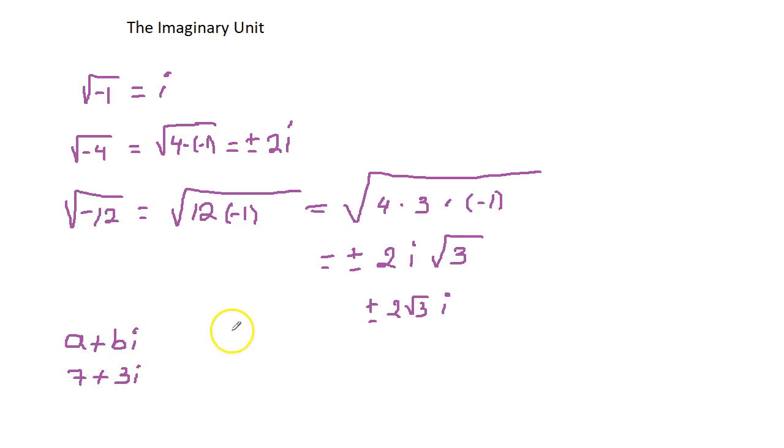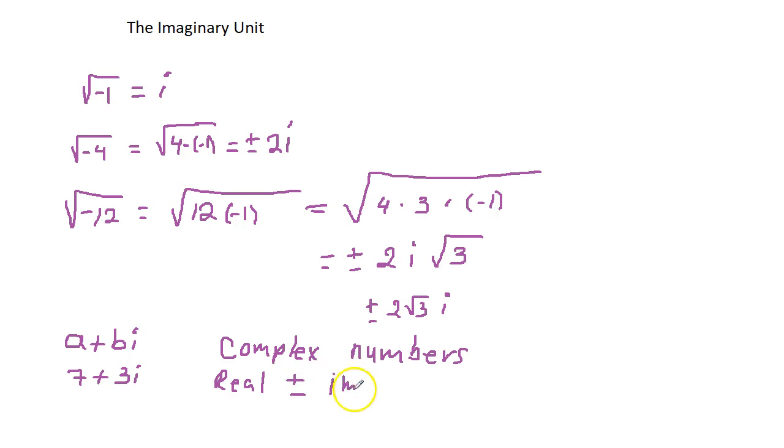So complex numbers have both real and imaginary parts. So real part, imaginary part. So real, then you'd say plus or a minus, and then an imaginary part.